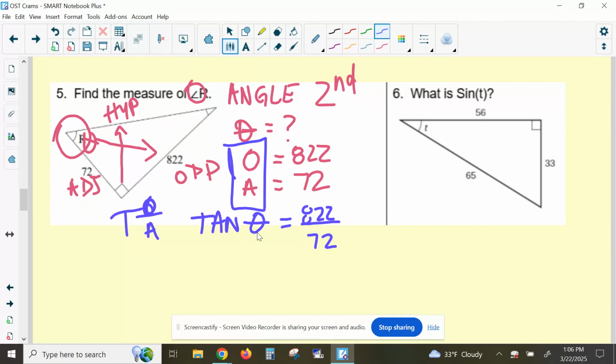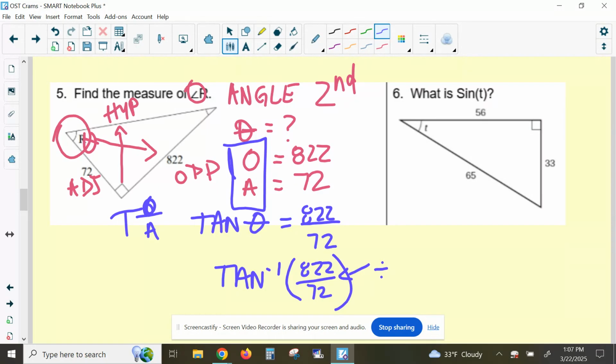Now remember, I'm looking for an angle, so I'm going to have to hit my second button, and then tan. This is inverse tangent. It looks like tangent to the negative 1, then parentheses, and you put in 822 over 72, using the divide.